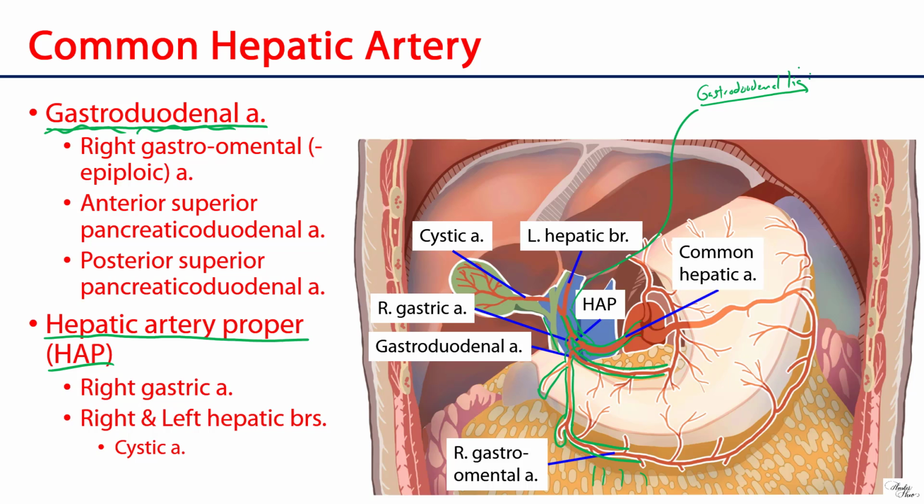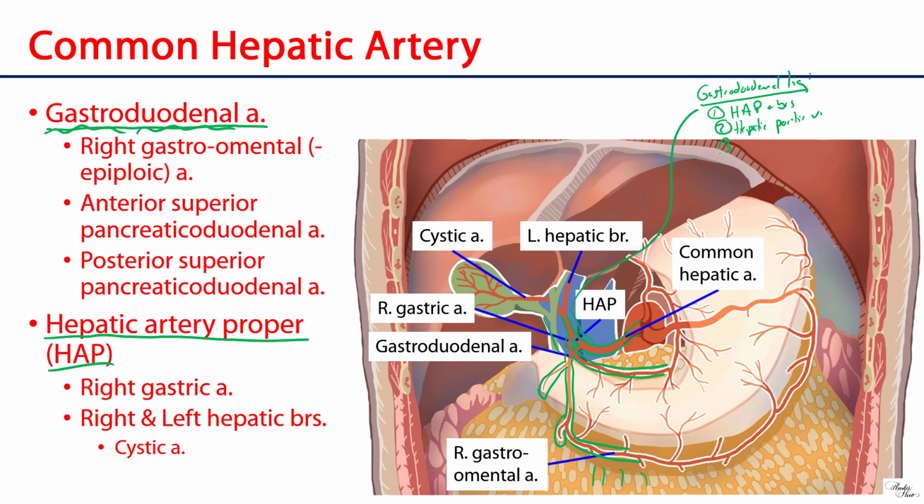There are three major contents here that we care about. One that I've discussed already is the hepatic artery proper and its branches. The second is going to be the hepatic portal vein, which will be the focus of a subsequent learning objective.